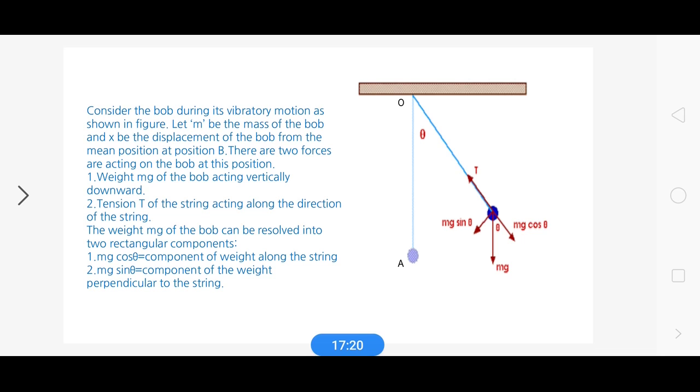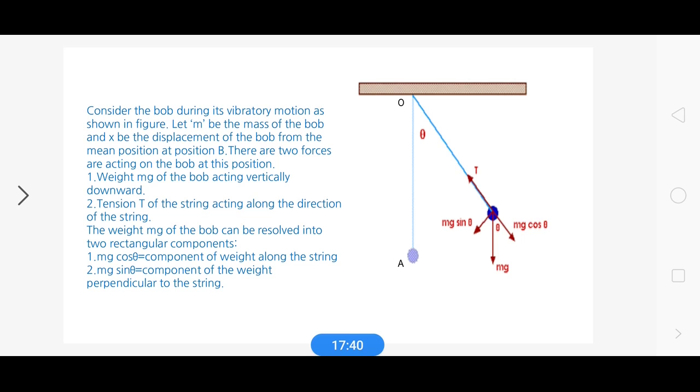Then the tension in the string is acting towards the rigid support along the direction of the string.